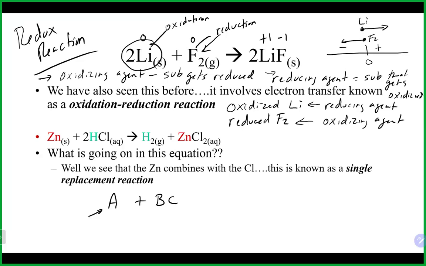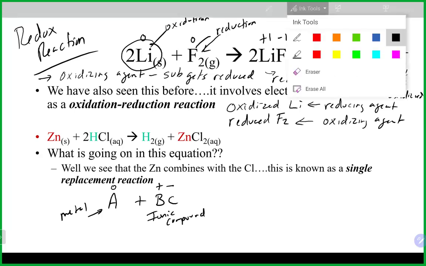The one thing can be a metal all by itself, not combined with anything else, with an oxidation state of 0. The other would be an ionic compound, something that has a positive and a negative. This is different from double displacement, where we start with two ionic compounds. Here we start with a metal by itself and an ionic compound.